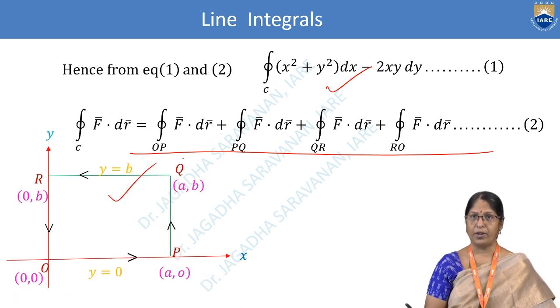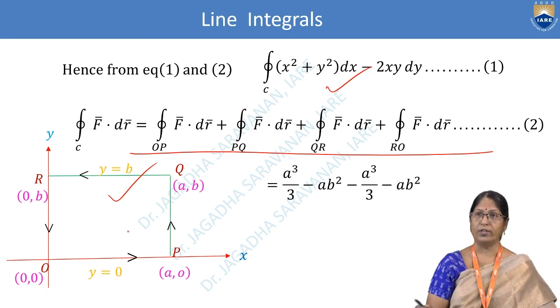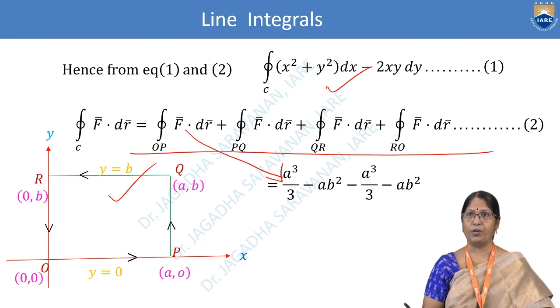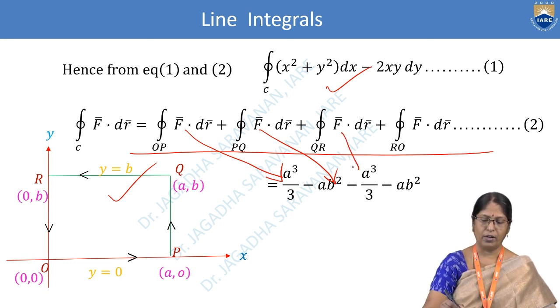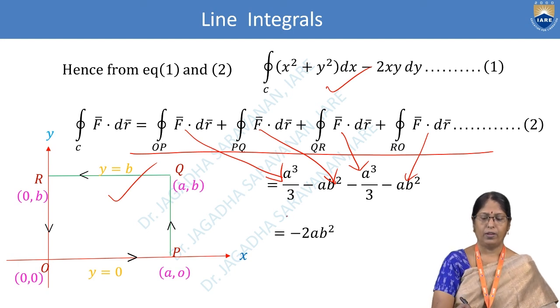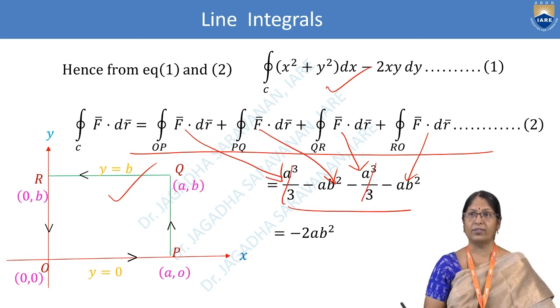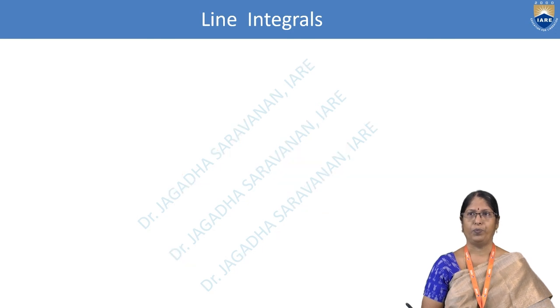So this is the diagram. Looking at the boundary conditions, we have drawn this one. We substituted the first integral evaluation, this is the second integral evaluation, third one, and the fourth one. Simplifying, we are getting this, both are getting cancelled. Minus 2a b square we evaluated for this rectangular path closed curve.